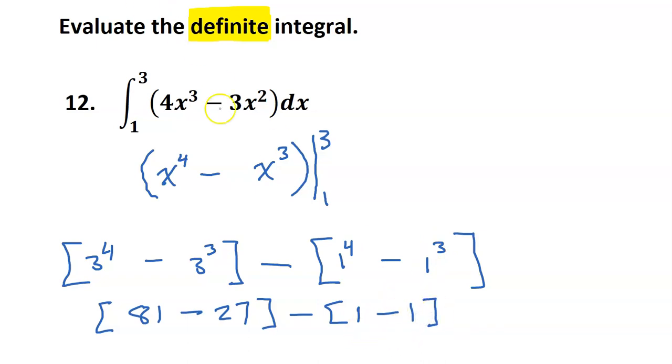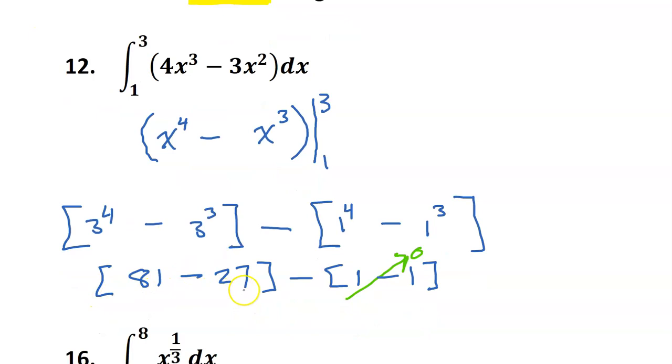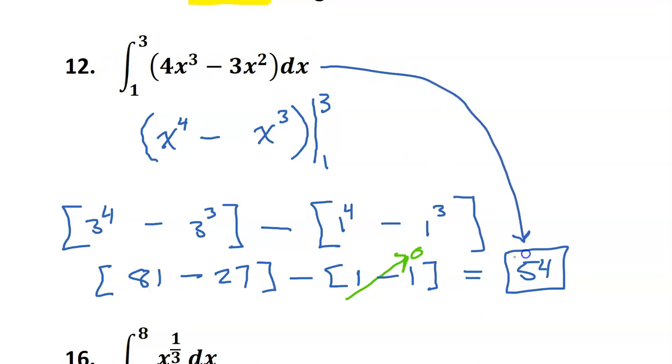So interestingly, this part right here is just going to give us 0. So that means looking at the first part, we are left with a numerical answer of 54. Okay, so a definite integral like this is going to ultimately lead to a single numerical value.